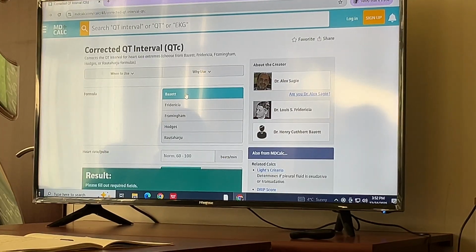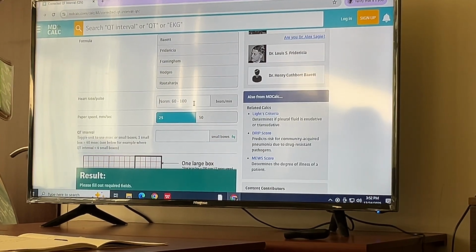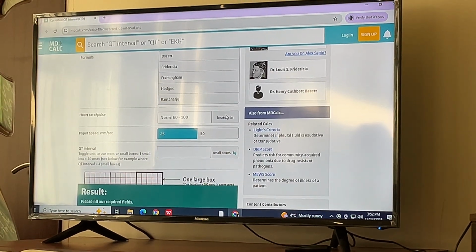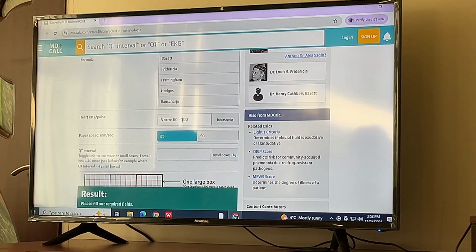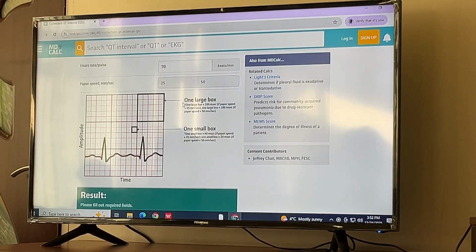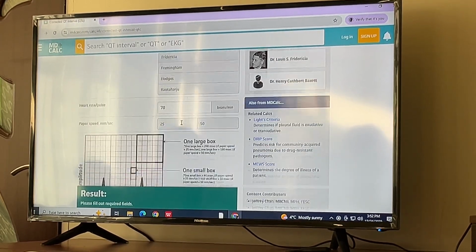It is asking which formula you want to use, for example Bazett's. We are measuring heart rate, in beats per minute, which is not changing. For example, let it be 70 beats per minute. Paper speed 25; it gives you one large box, one small box.